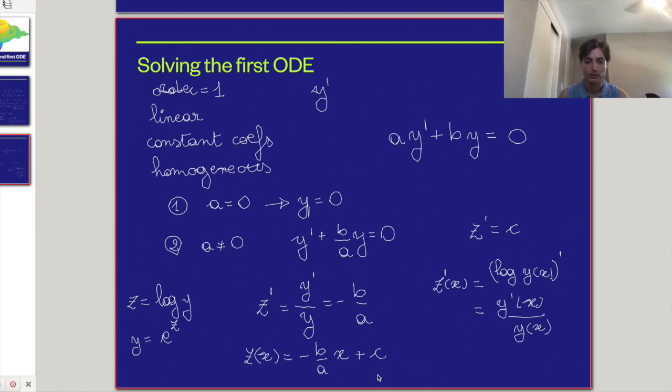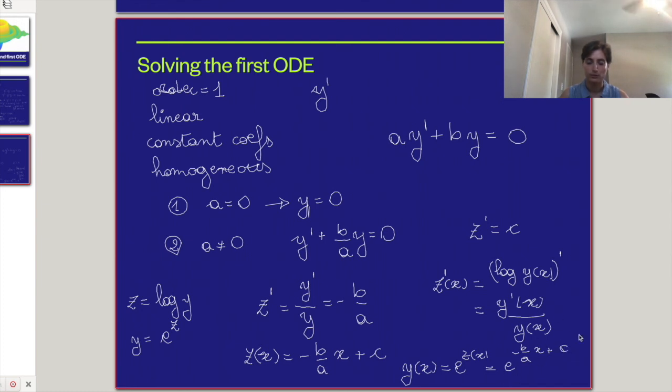So this solves for y because we can solve as y of x equals exponential of z of x, and that is exponential of minus b over a x plus c.